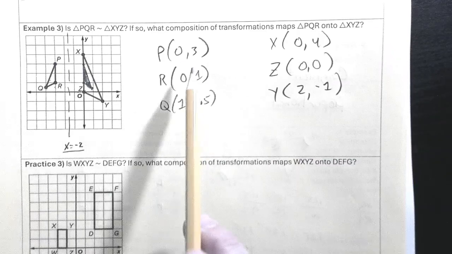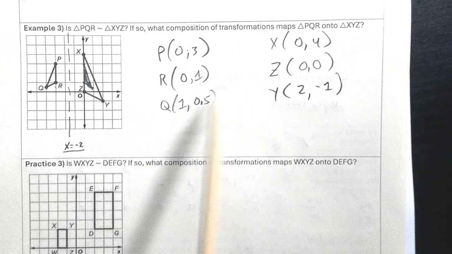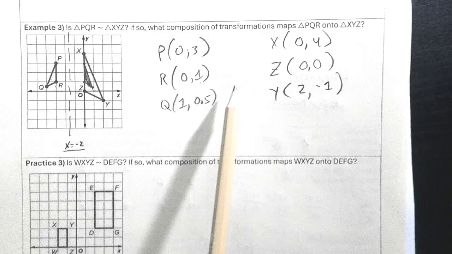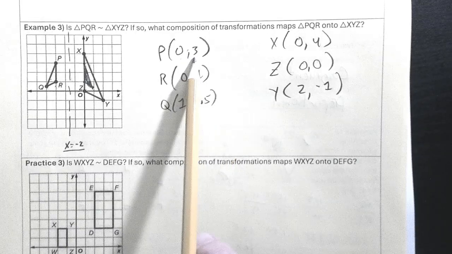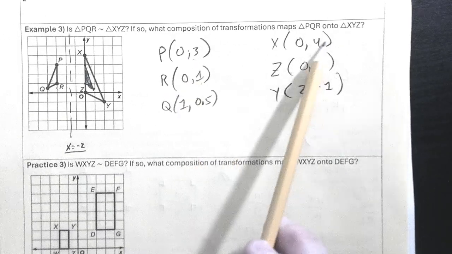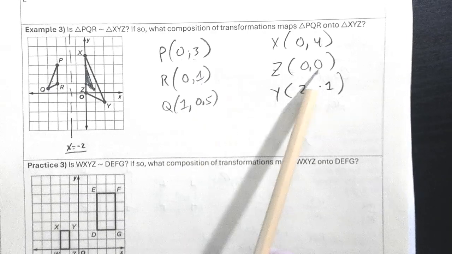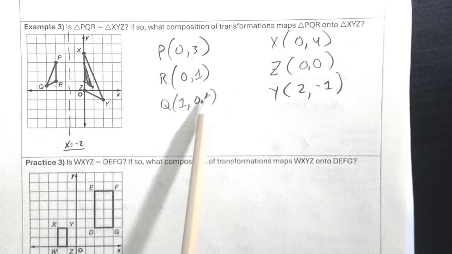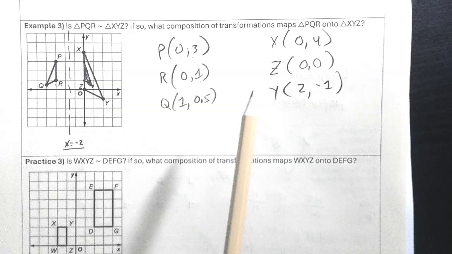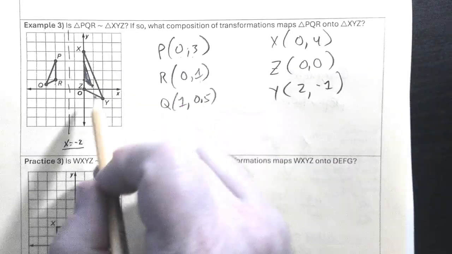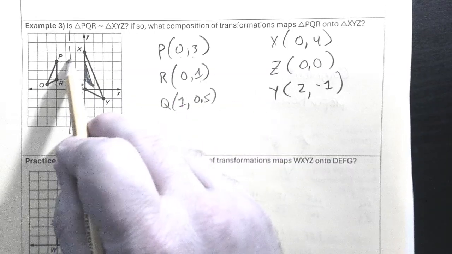All right, so we look here and we say, is there anything we can multiply by? Well, if I multiplied 3 by 1 1/3, it would give me 4. But there's nothing I can multiply here to get 0, 0. There's nothing you can multiply here. So, like I said, these should be equal.